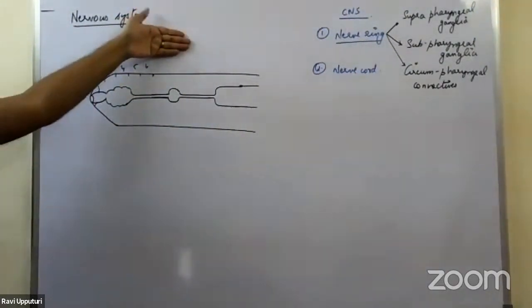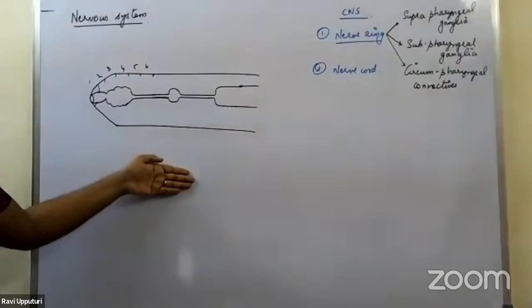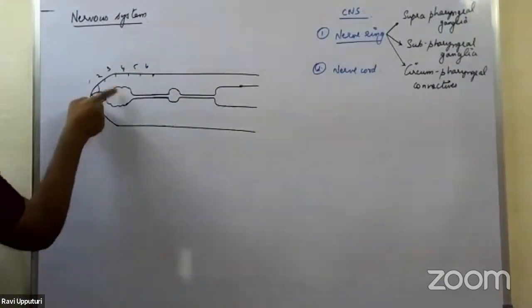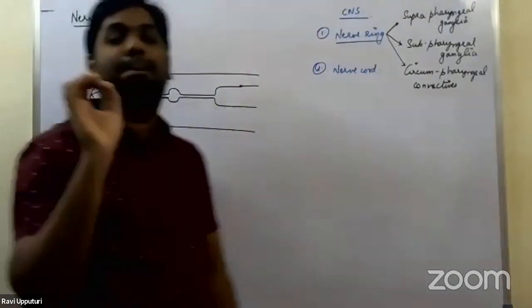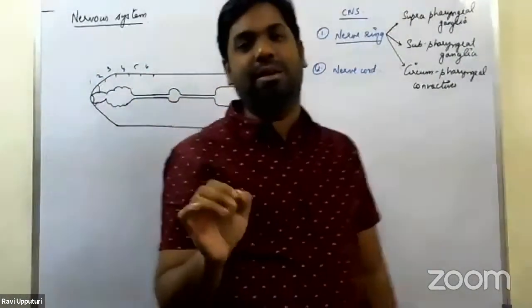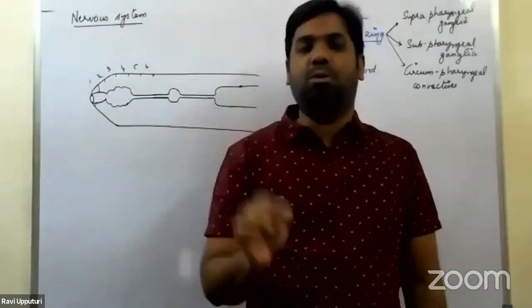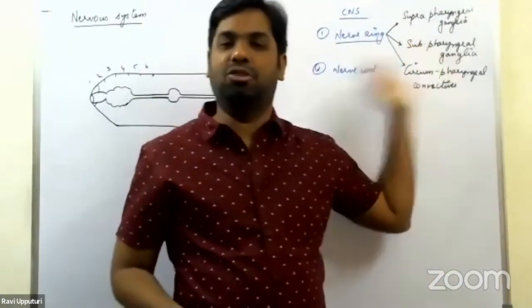This would be the upper side, that is the dorsal side, and this would be the ventral side, the lower side. Right above the pharynx, especially in the third segment, there is one pair of ganglia present, and we call that pair the suprapharyngeal ganglia.